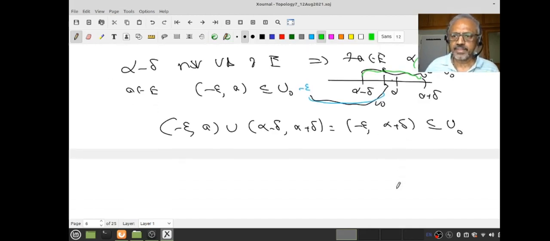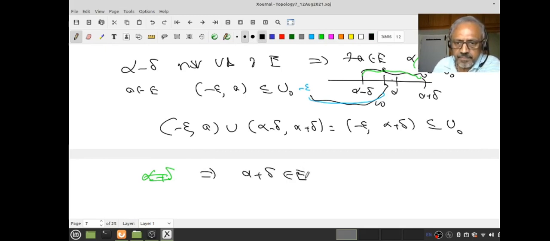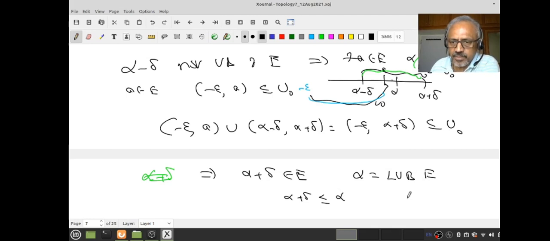So what do I get? By our definition of E, this implies alpha plus delta is in E. But what was my assumption? Alpha is the LUB of E. Therefore alpha plus delta should be less than or equal to alpha, but alpha plus delta is strictly greater than alpha because delta is positive. This is a contradiction.